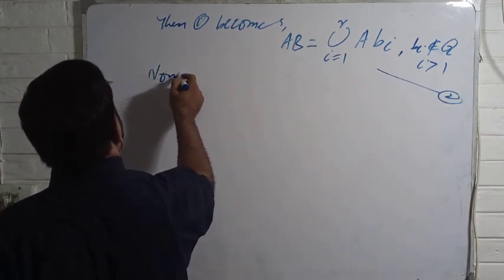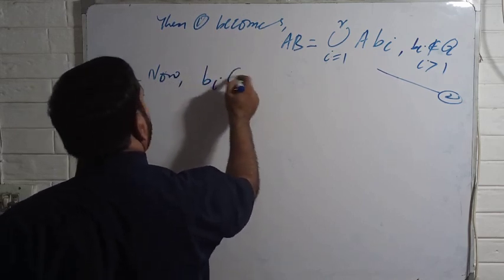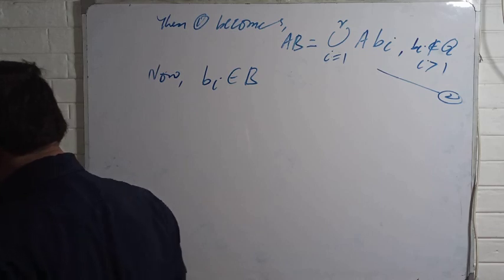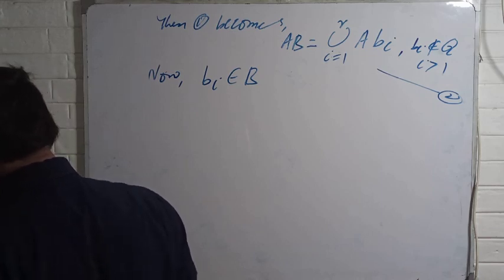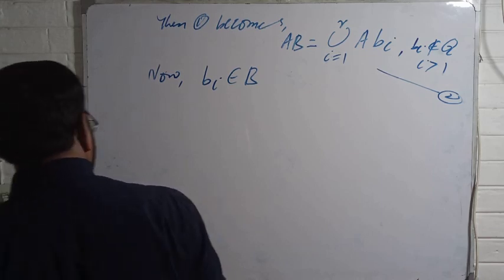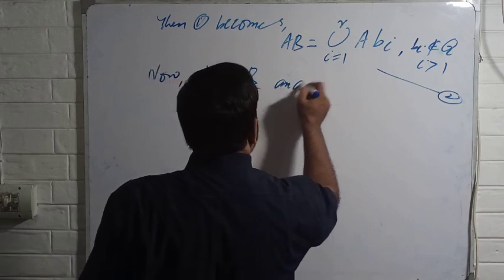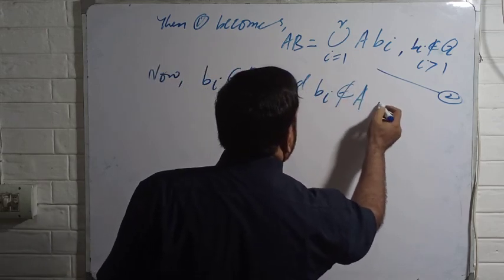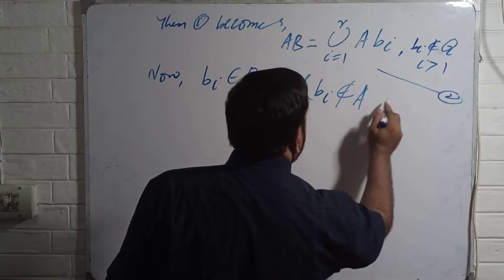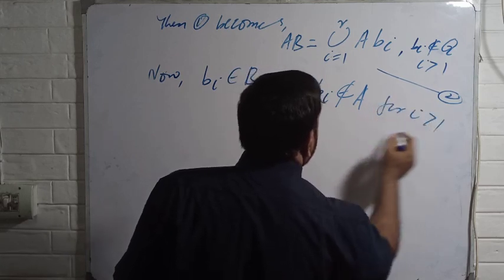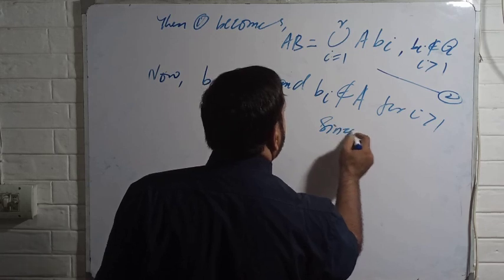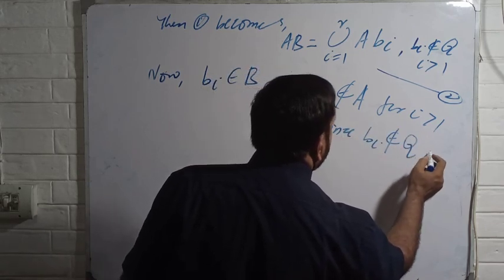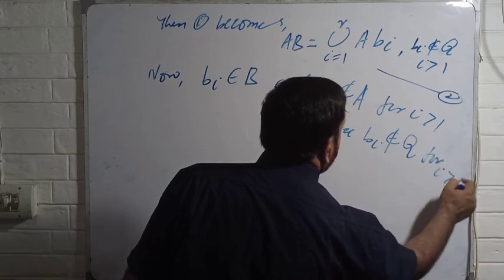Now, BI belongs to capital B and BI does not belong to A, since for I greater than 1, BI does not belong to Q.